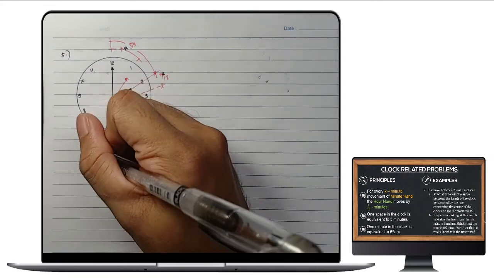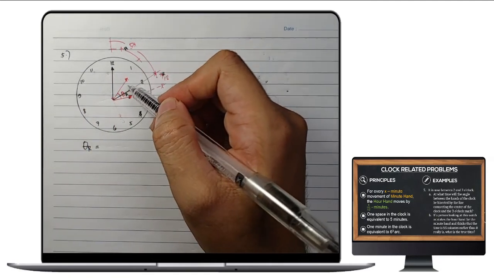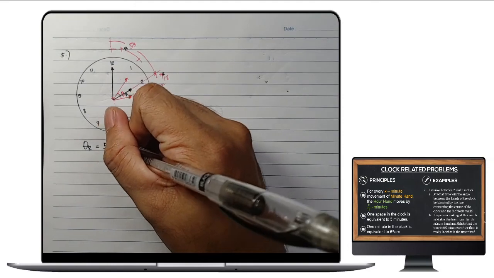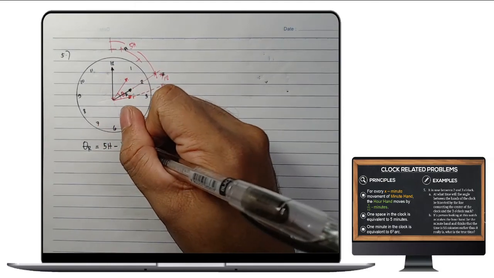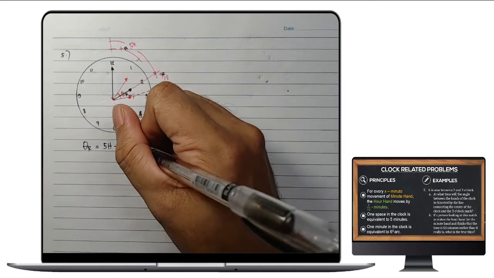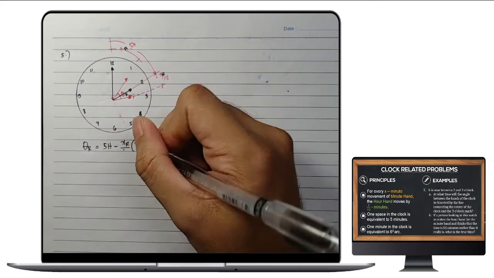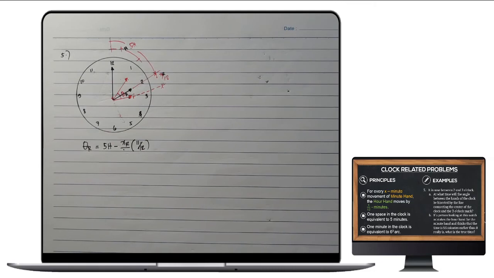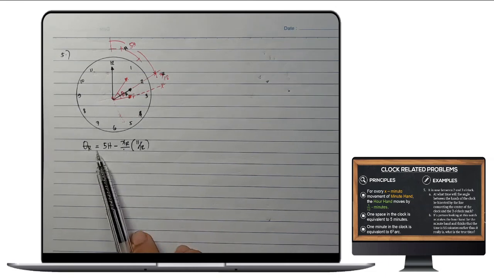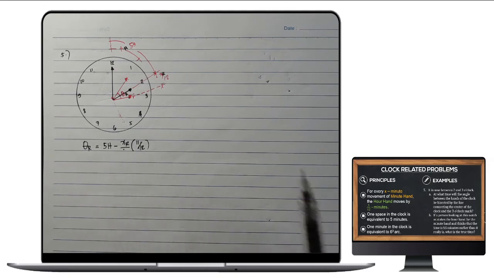So from this equation, we can say that theta sub r is equal to, since behind si minute hand, our equation will be 5h minus x sub r over 12, x sub r multiplied by 11 over 12 or 11 over 12 x sub r as derived a while ago. So, yan yung lalabas nating equation. Since the minute hand is behind sa hour hand, so our equation will be theta is equal to 5h minus 11 over 12 x sub r.